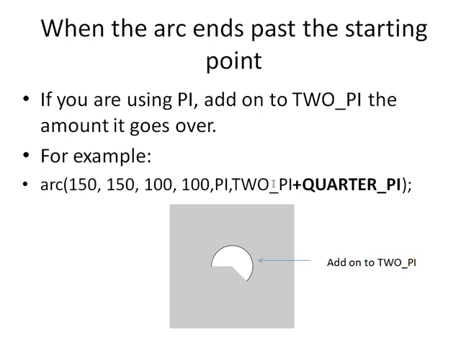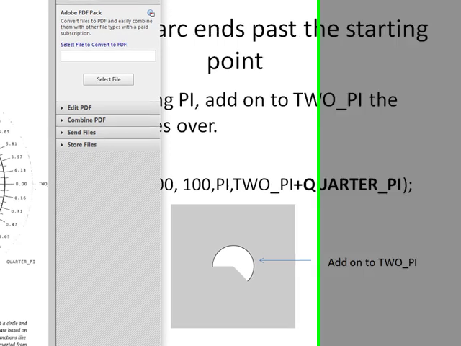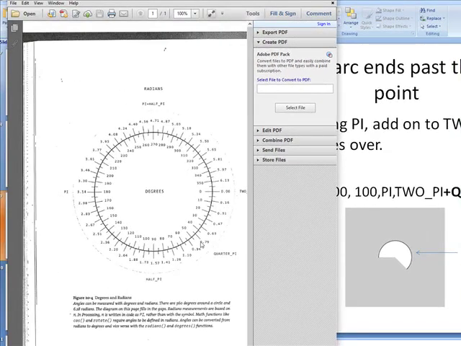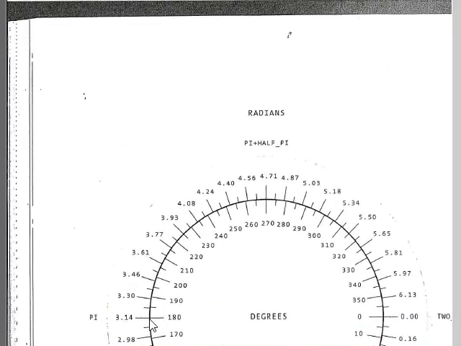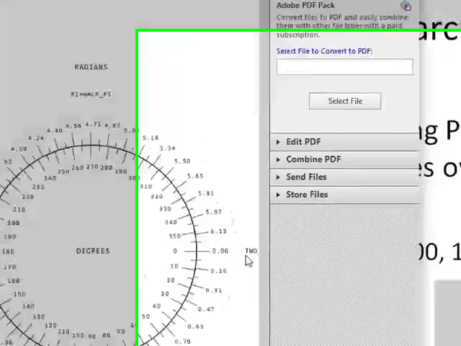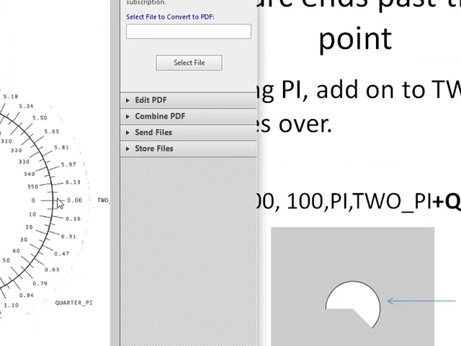So you'd say 2 pi plus quarter pi. Let me just point that out on the chart here. That's the problem with pi, that they go in these big chunks. If I ended over here, I start here, I go around, here's my 2 pi, so I say 2 pi plus this quarter pi.